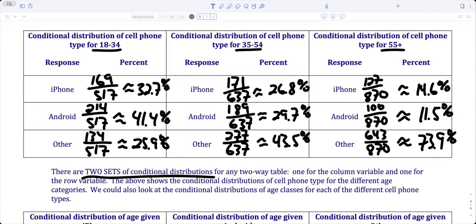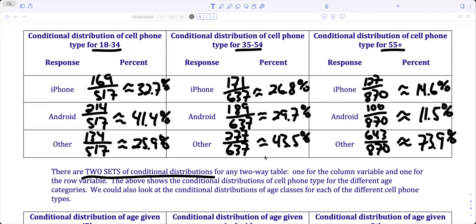I believe that we looked at the conditional distribution here for cell phone type by age. We were looking at the number of iPhone users out of 18 to 34-year-olds.